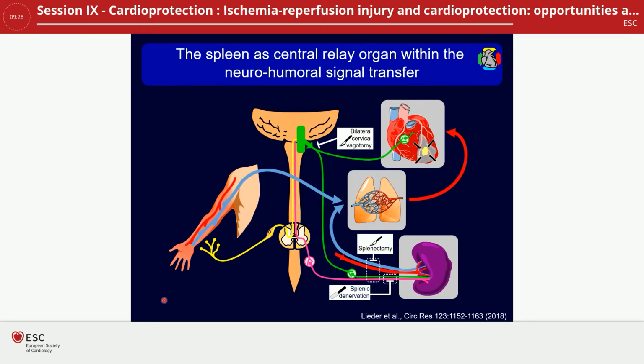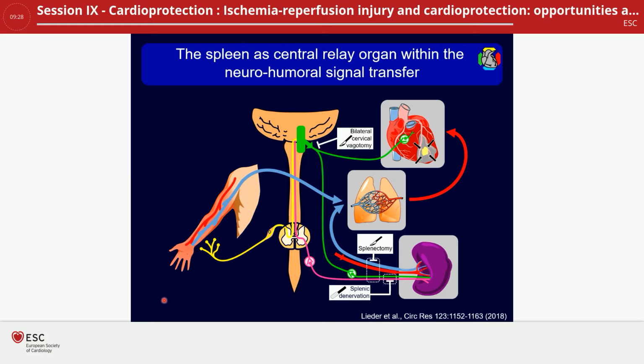And this is how we perceive the signal transduction, the signal transfer at this point. If the arm is being made ischemic and reperfused remotely from the heart, the blue pathway shows humoral factors that are being released into the blood, go through the pulmonary circulation, and arrive at the heart to exert protection.